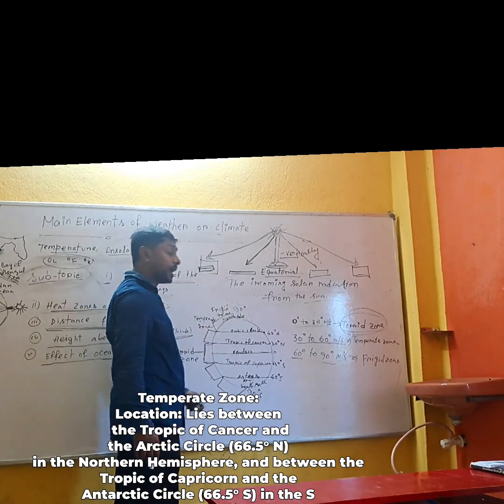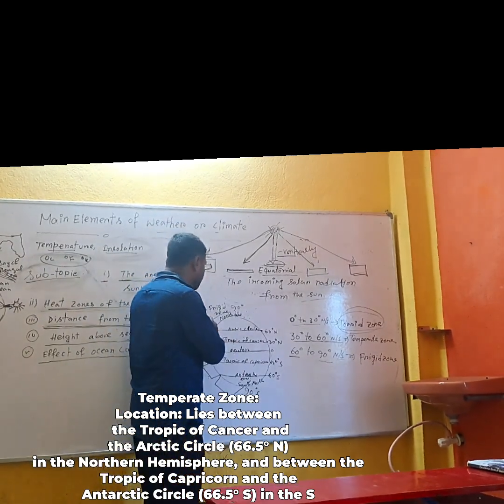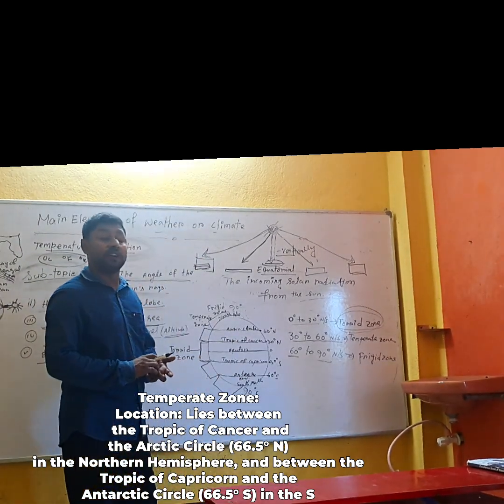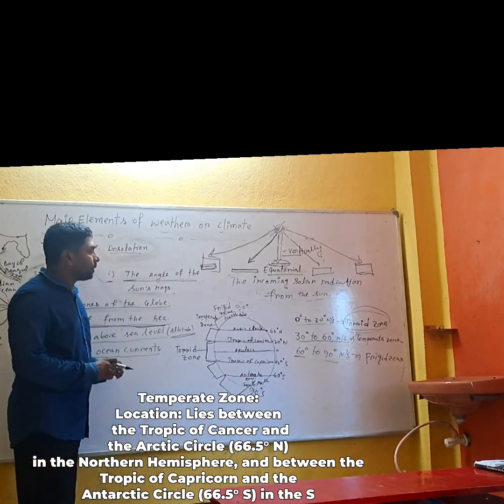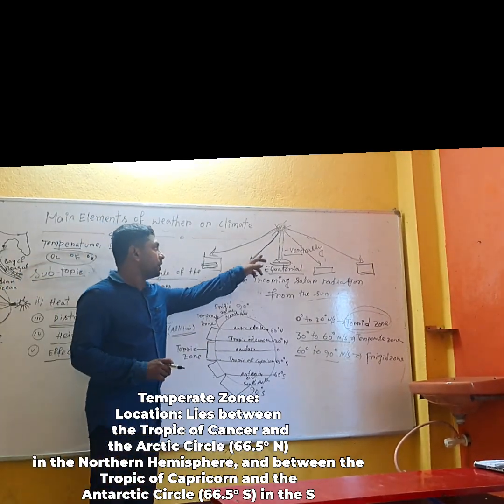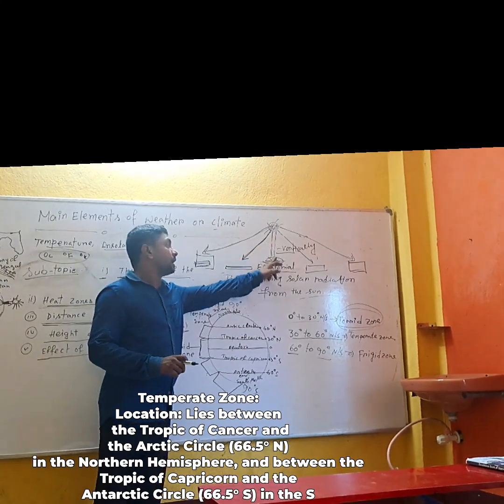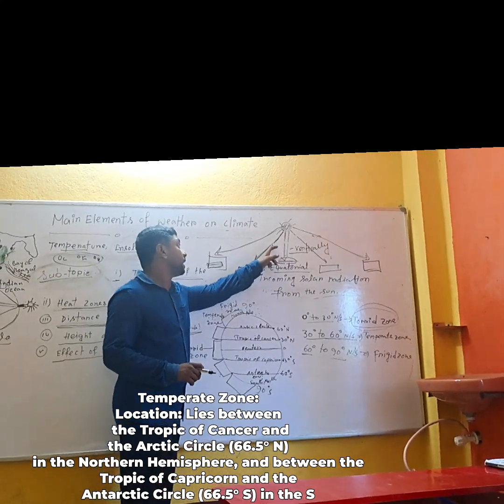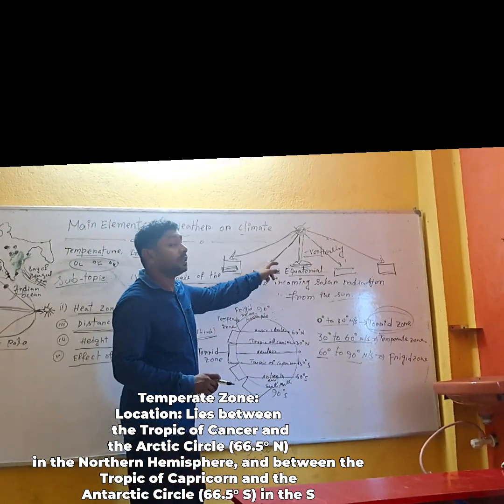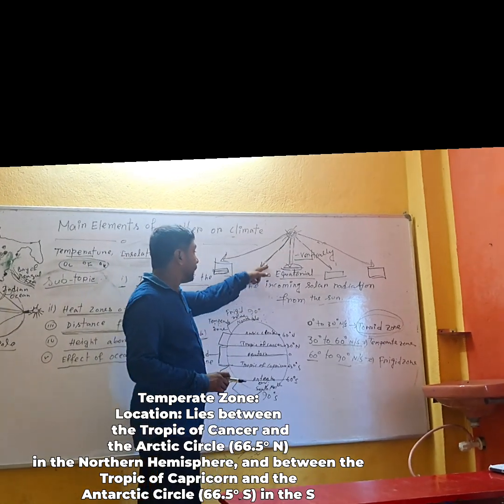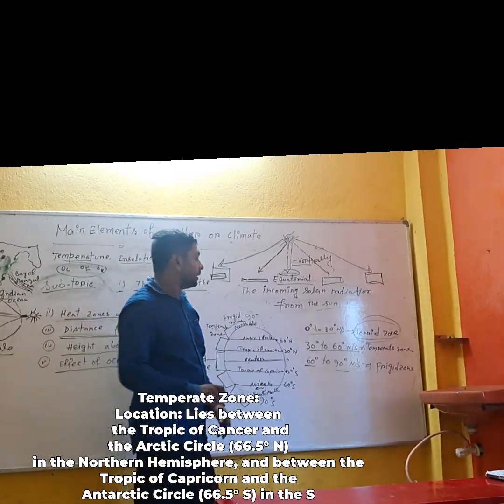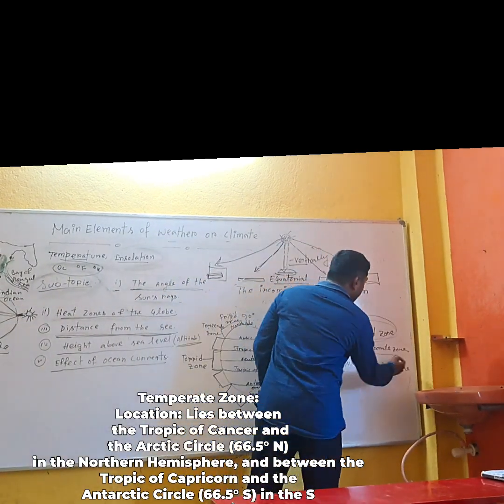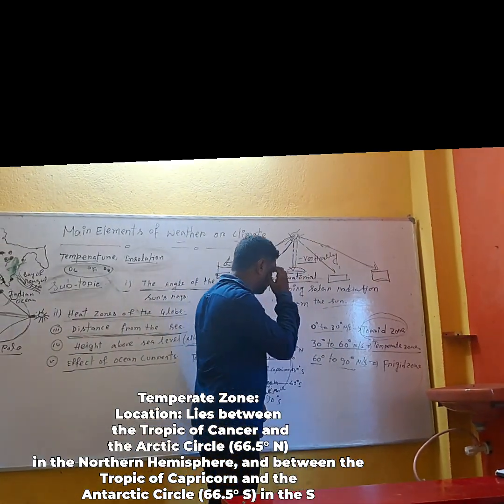This temperate zone is not very hot and not very cool throughout the year, because this area does not receive the sunlight directly or vertically. This area gets light in a low slanting way, and that is the reason it is called the temperate zone.